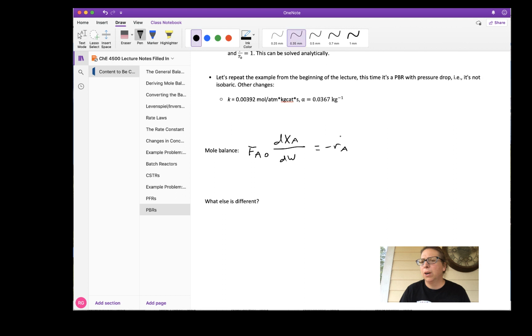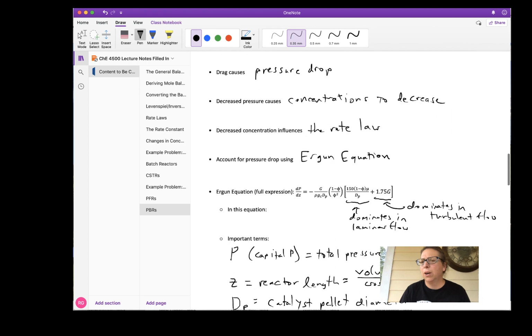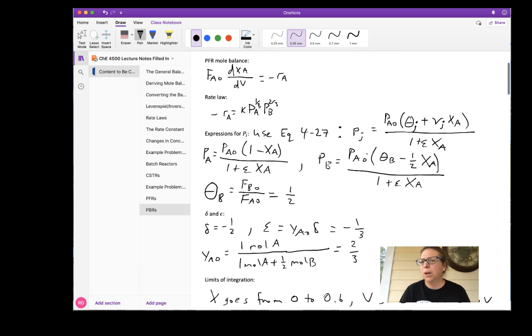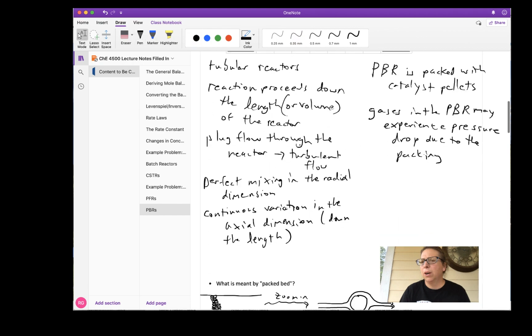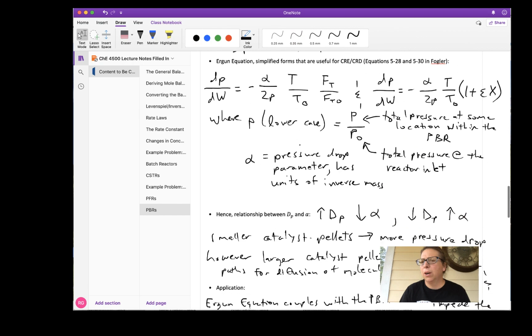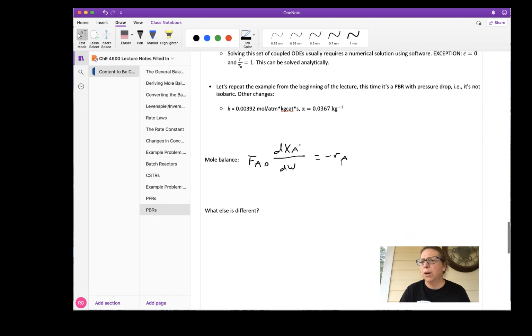Okay, the rate law here is the same. It's going to be k times P_A to the 1/3 times P_B to the 2/3. And you'll see if we multiply this by our rate constant, the units set us up well for that.